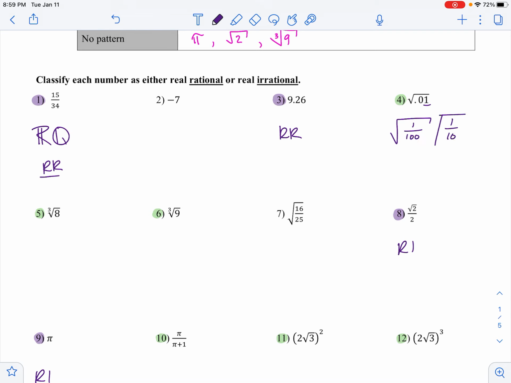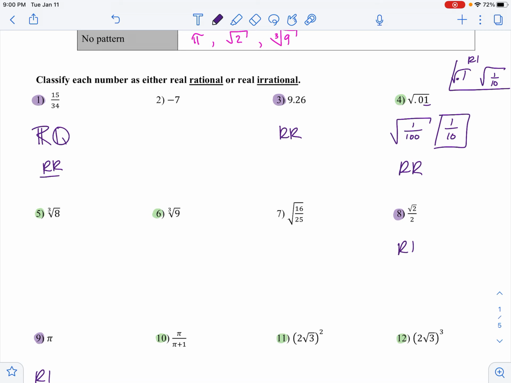And so my answer here is going to be 1/10. That means that this is real rational. If it was just 0.1 instead, so the square root of 1/10, well, that one I don't know. That would be real irrational. So you've got to really make sure you do it out. There's no kind of hard and fast rule for a question like that.